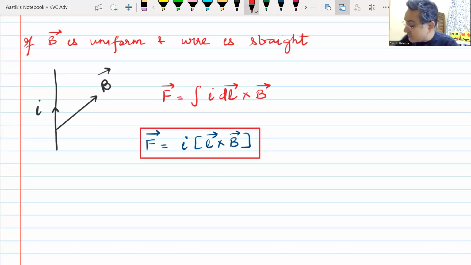Yes, sir. This will be the vector formula that will give you both the magnitude and the direction of force.